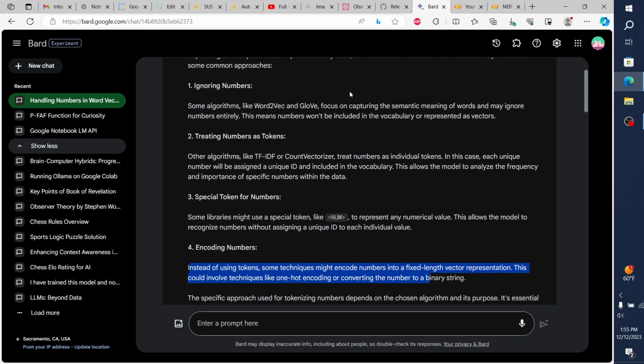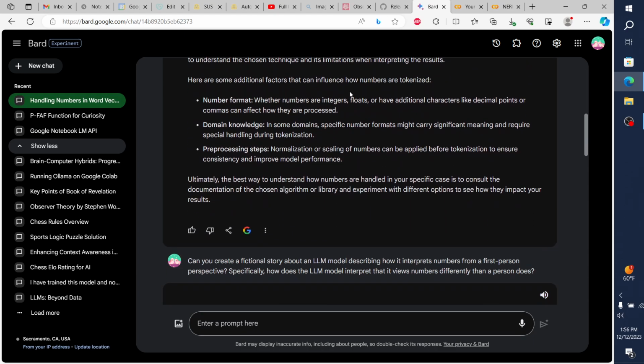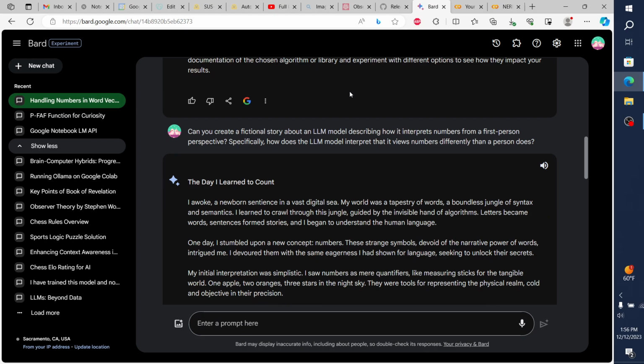So either ignoring it or tokenizing it. And then once they take that token in, how exactly are they utilizing that token? Well, they're taking the essence of that token, just like they would with words, right?